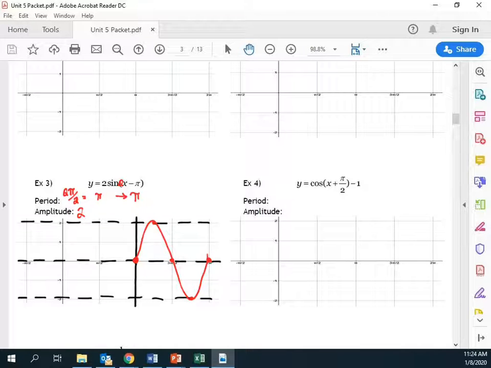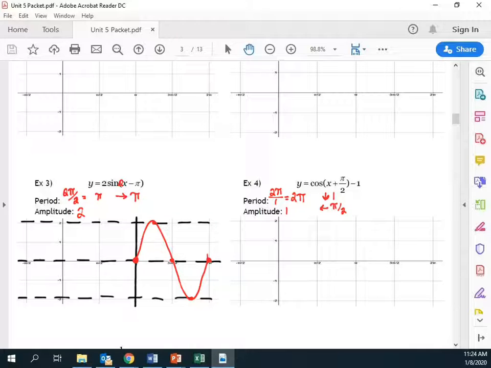All right, let's go through here. Cosine has the same period type equation. Amplitude is 1. Any other shifts? Down 1. Left, pi over 2.